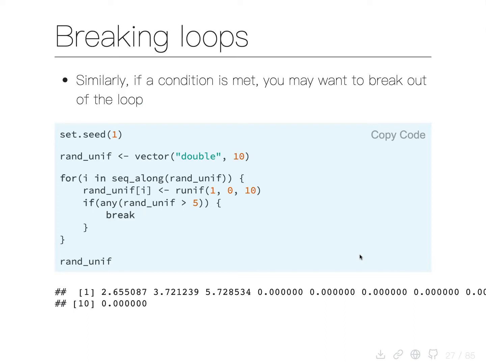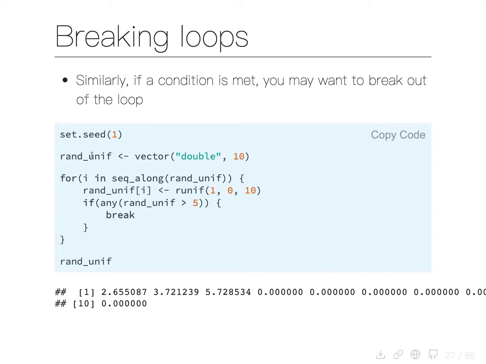And so for a while loop, you usually want an explicit break, because otherwise you can get in situations where you have an infinite loop that will just run on forever until you close down your computer. Or close down the program at least. But the way that you stop loops generally, whether it's a for loop or a while loop or anything else, is with break.